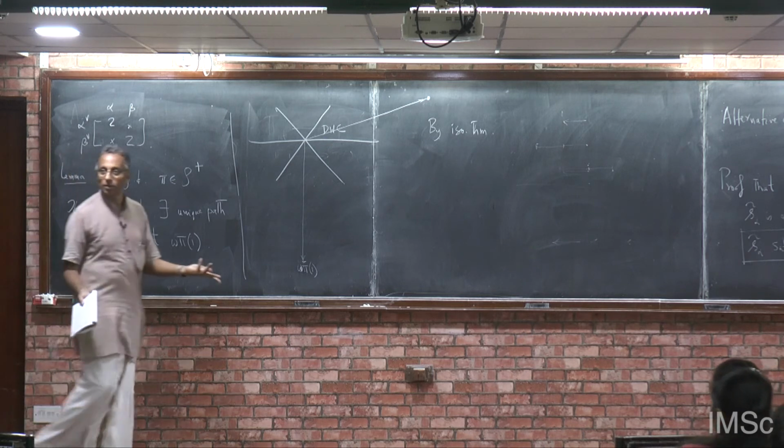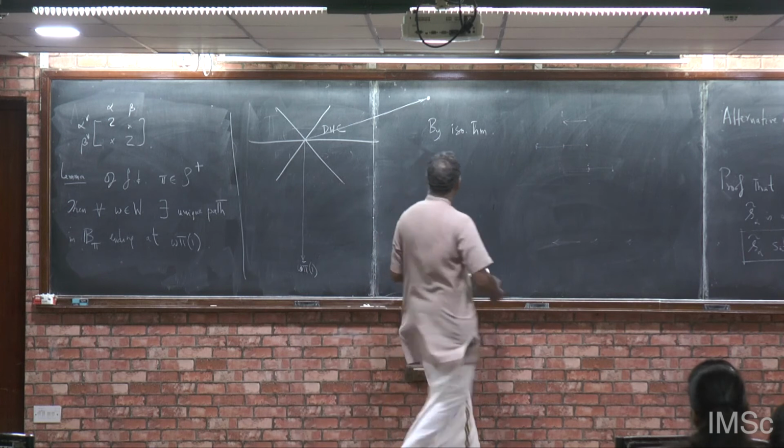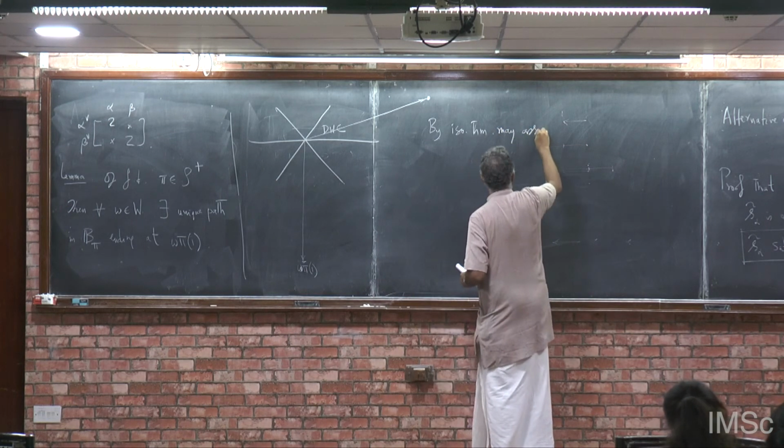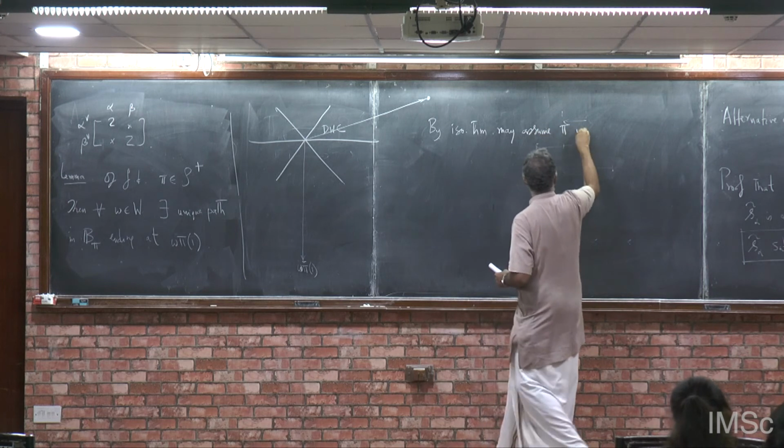The endpoints are the same. So by the isomorphism theorem we may assume pi is a straight line.